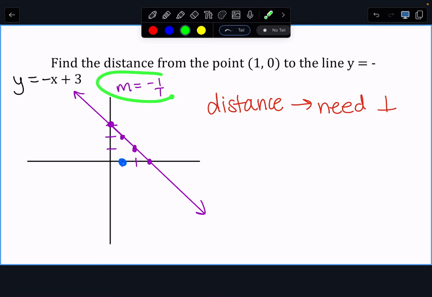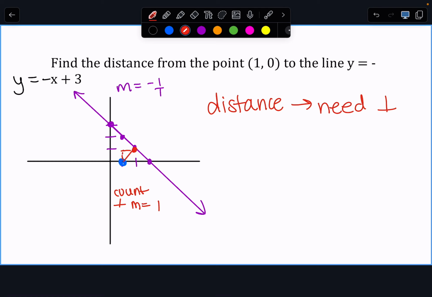Okay, so here's the slope of the purple line. Let's talk about its opposite reciprocal. So we need to count our perpendicular slope of positive 1 over 1. So up 1. It's right there.